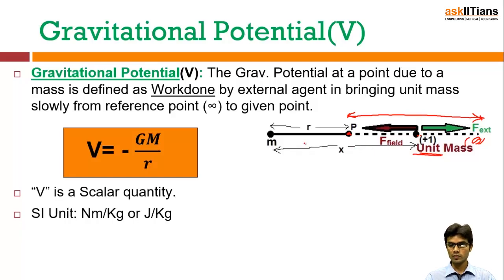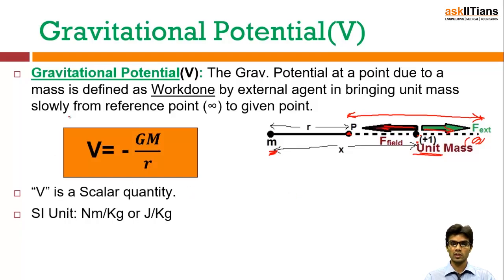Here this is the mass m and this is the unit mass. Since both are masses, the force is gravitational force and is attractive in nature, so the direction of force due to the field is in this direction, and the external force is in this direction.